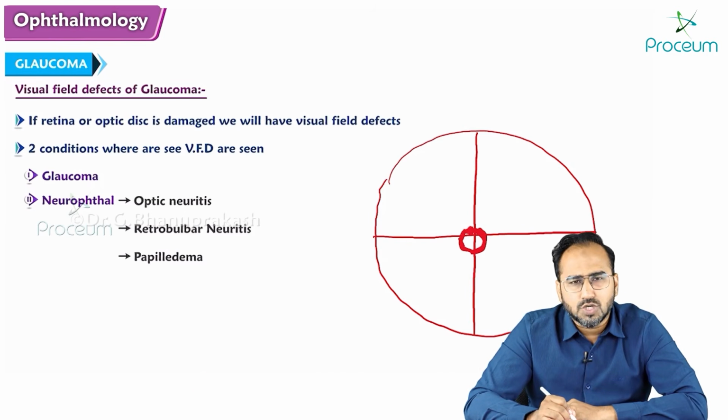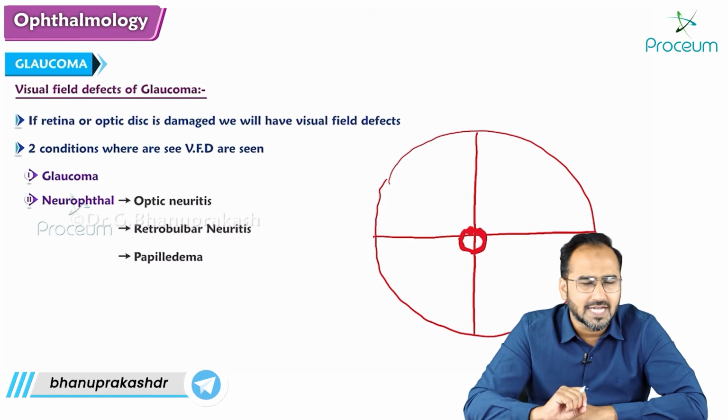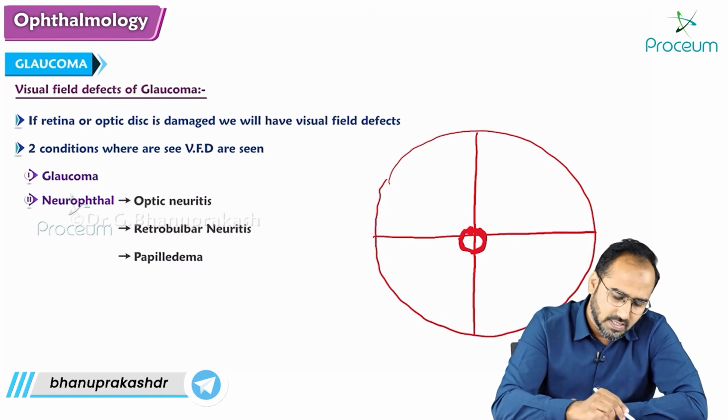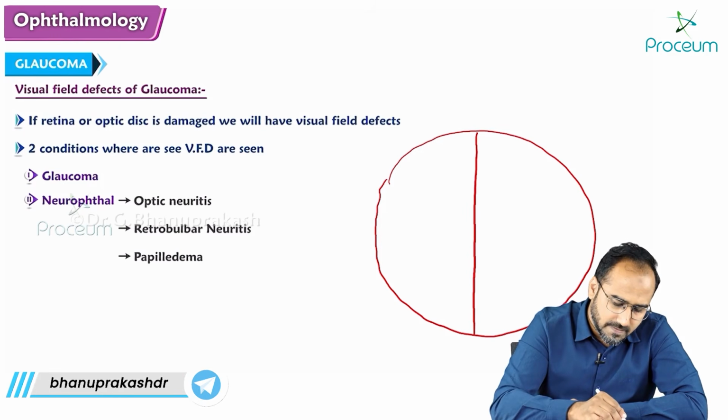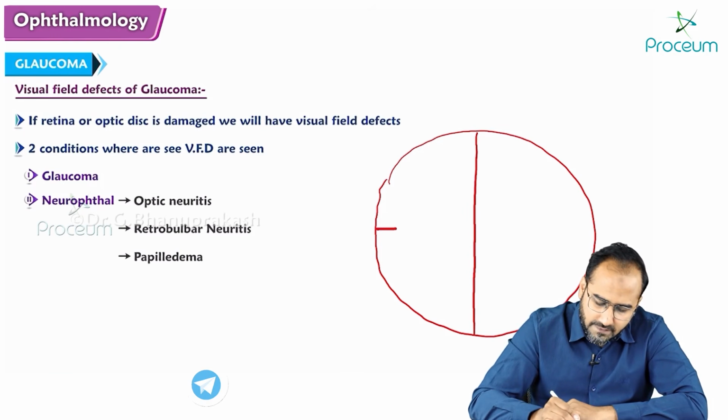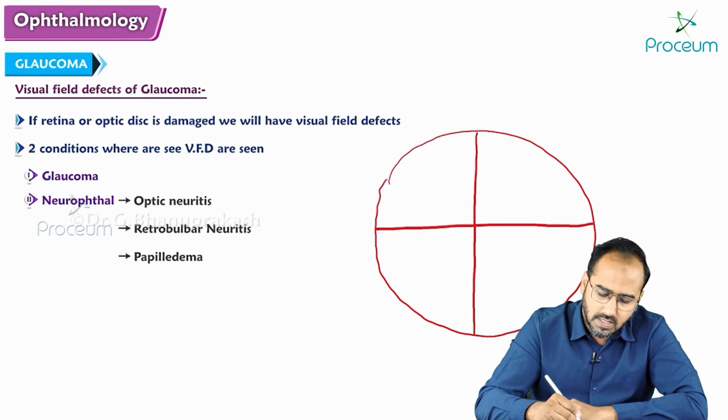Due to all these scotomas developing, the patient will have generalized constriction of the vision and generalized depression of the vision. Once again, guys, we are discussing the visual field defects that you see in glaucoma.